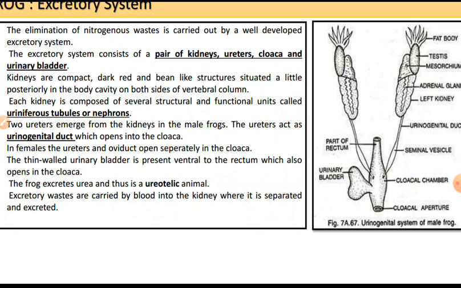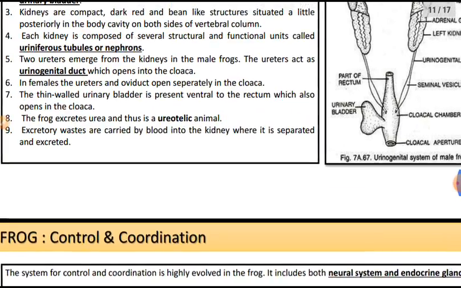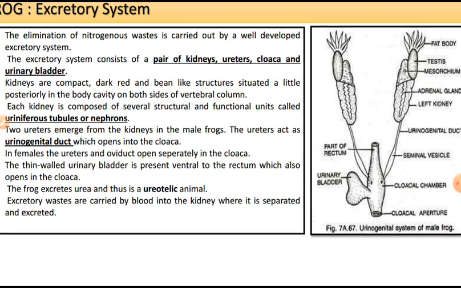The waste materials from all over the body are carried by the blood into the kidneys, and then substances like sugar, urea, salts and water are freely filtered through the glomerulus present in the lumen of the Bowman's capsule. This process is called ultrafiltration.